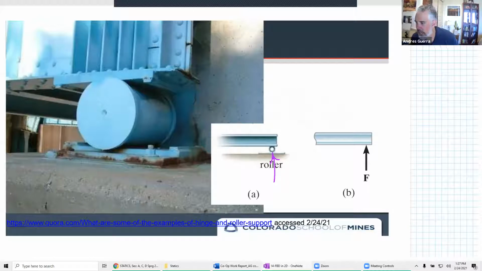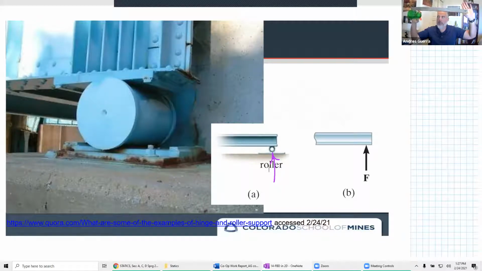Okay, and I see Brent said that it allows the material to expand and contract. Absolutely. And I want to point out one thing with that. Most bridges actually have a pin on one side and a roller on the other.